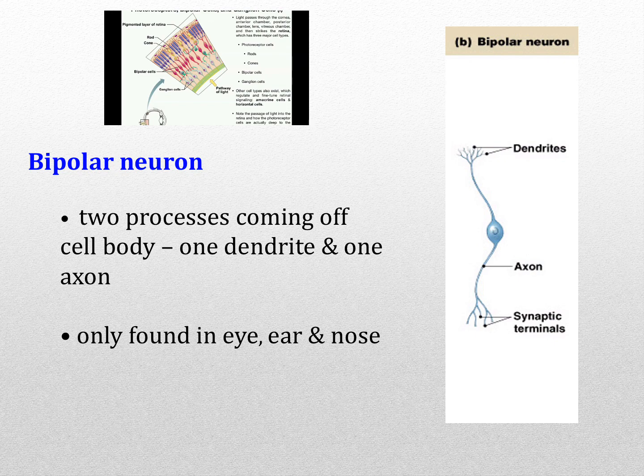That's what it looks like, so we call it bipolar. These are found in the eye, ear, and nose. Typically when we show you a picture of this, you'll see these in the retina of the eye.